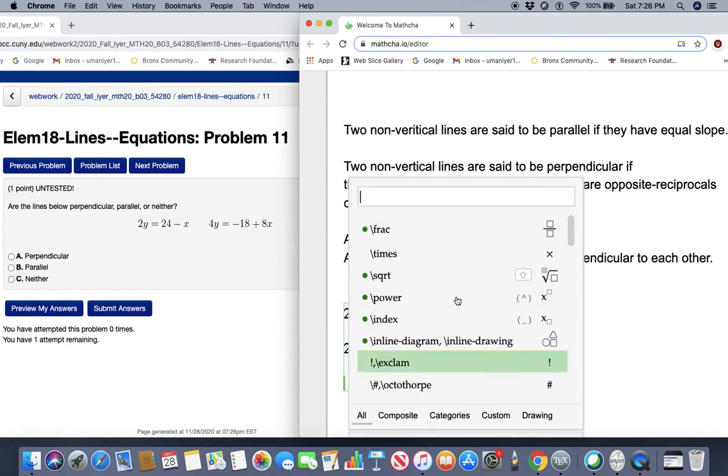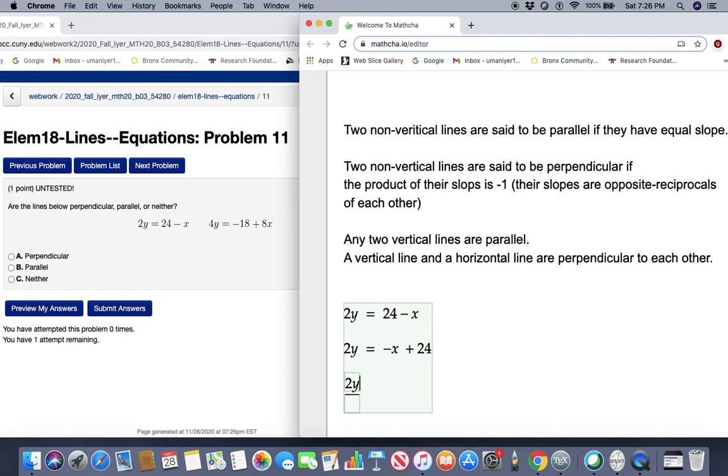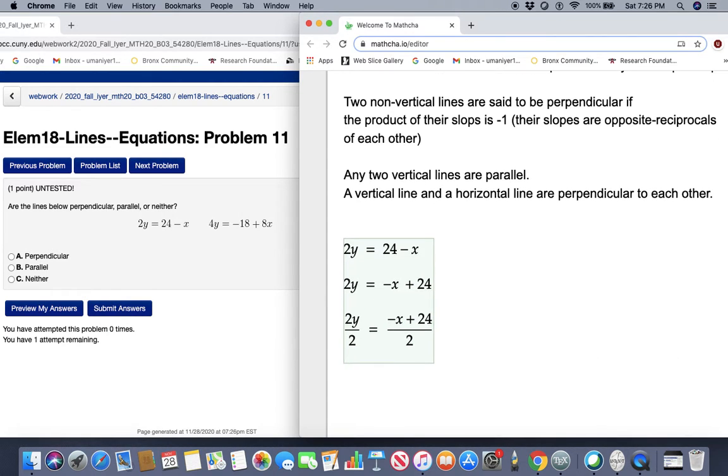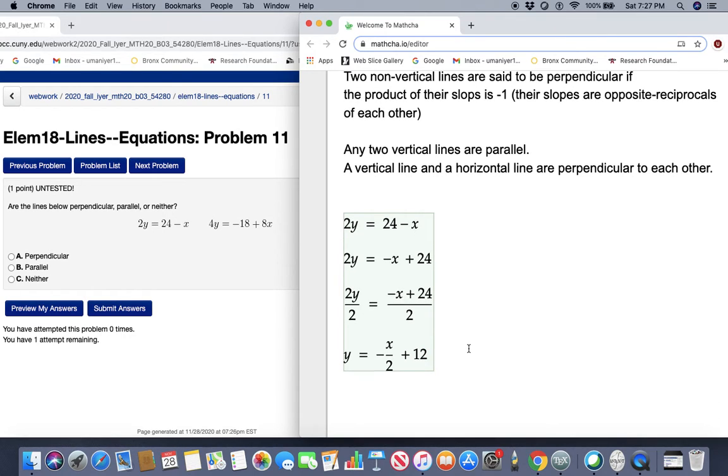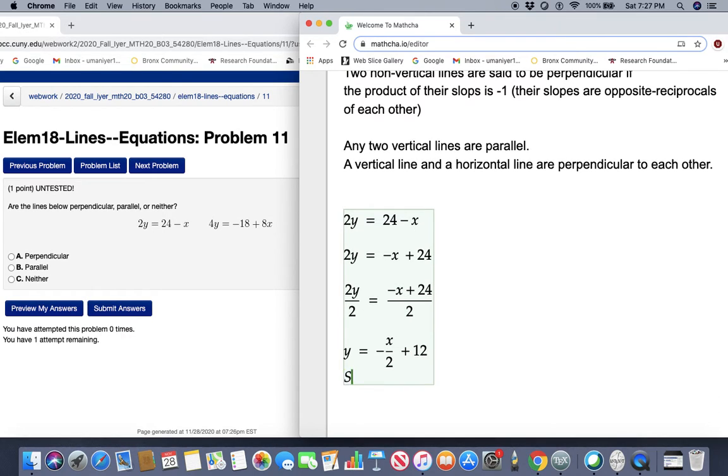Now divide both sides by 2. 2y over 2 equals the fraction negative x plus 24 over 2. So notice the left hand side is y, right hand side division distributes. So it is negative x over 2 plus 24 over 2 is 12. So here slope is negative 1 over 2.